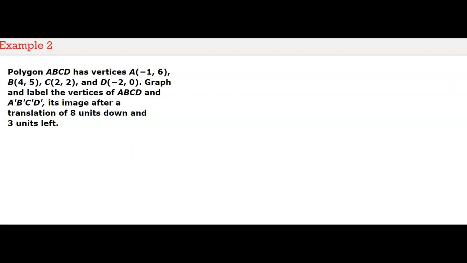Polygon ABCD has vertices A(-1, 6), B(4, 5), C(2, 2), and D(-2, 0). Graph and label the vertices of ABCD and A', B', C', D', its image after a translation of 8 units down and 3 units left.